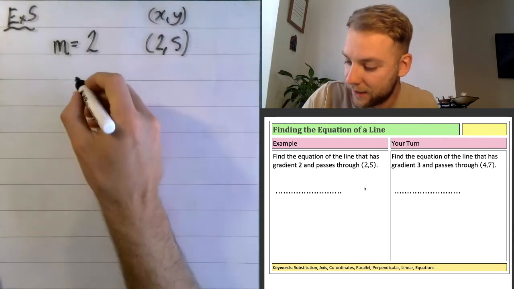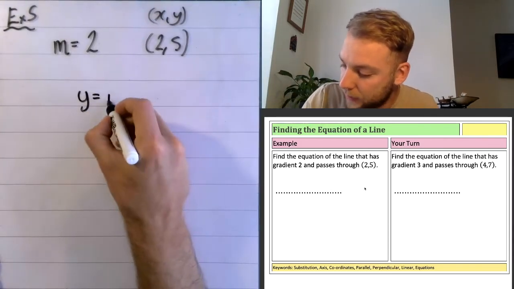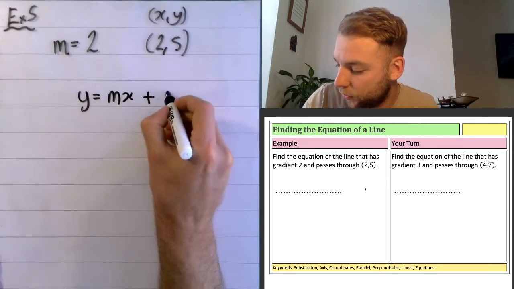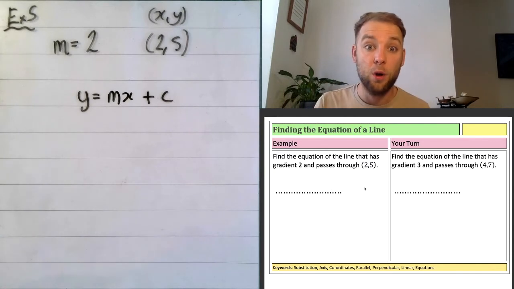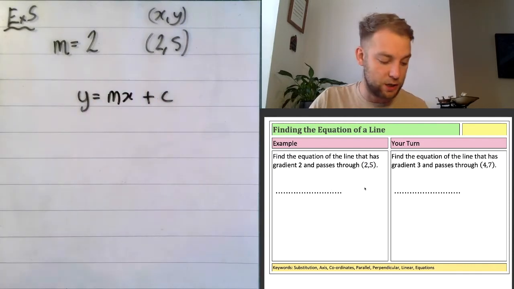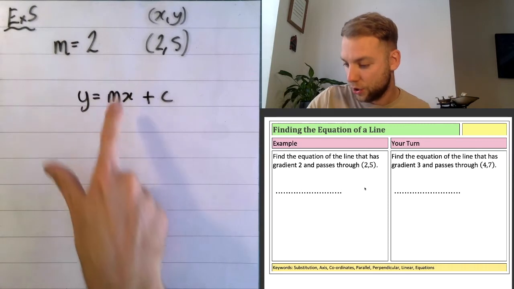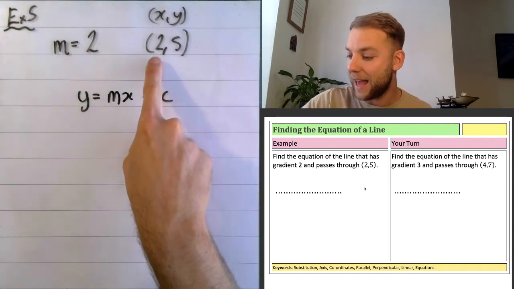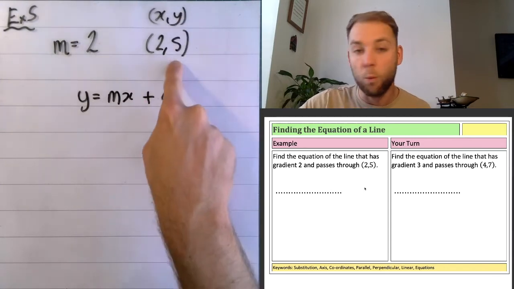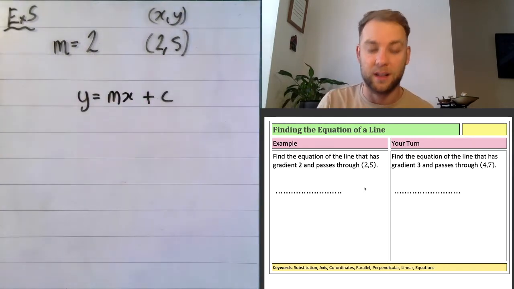So we always write down y equals mx plus c. We substitute in everything we know for this equation. We know that the gradient is 2, so m is 2, and we have our point: x is equal to 2, and y is equal to 5, so we can sub those values in.